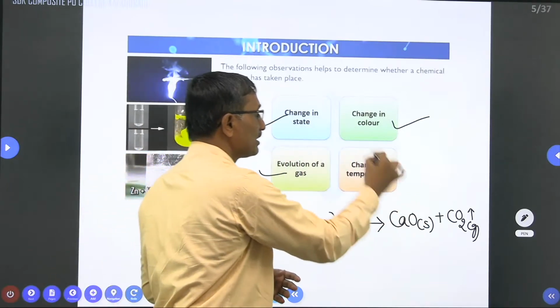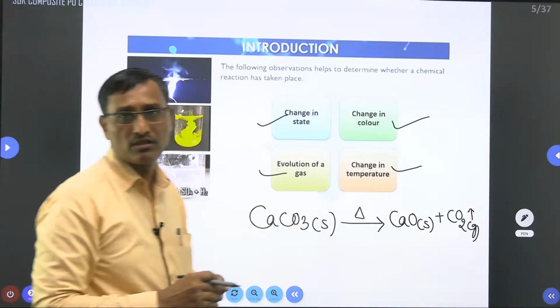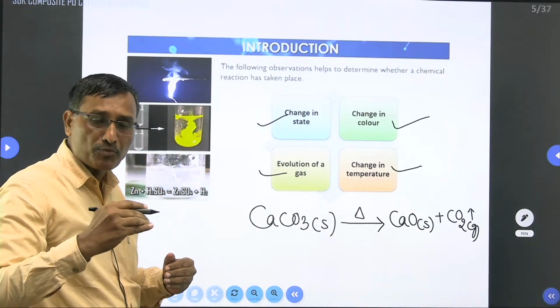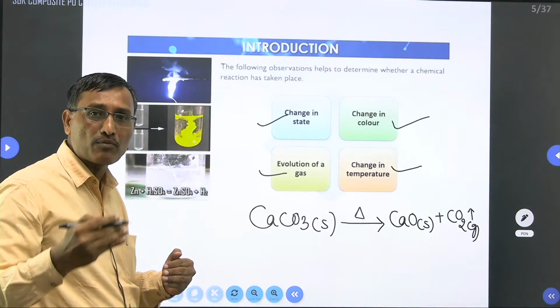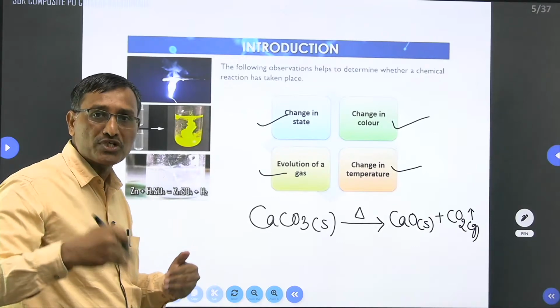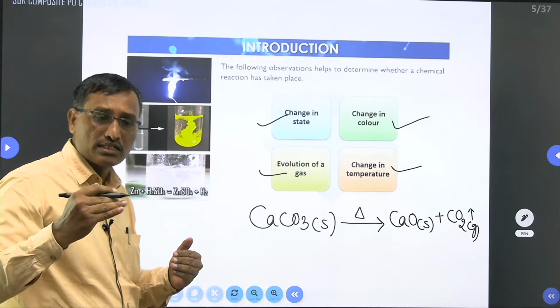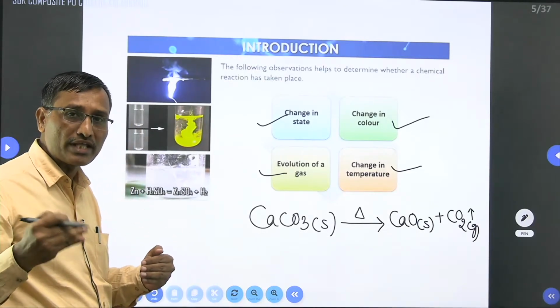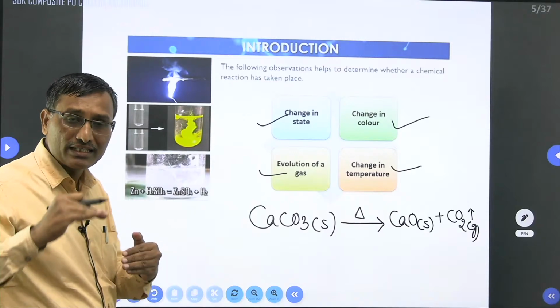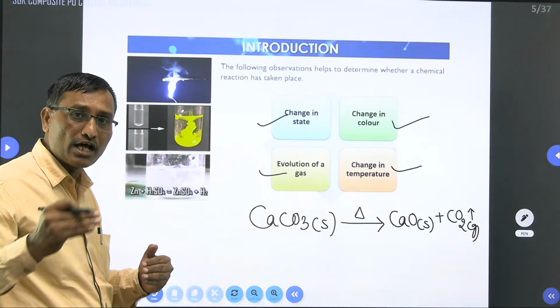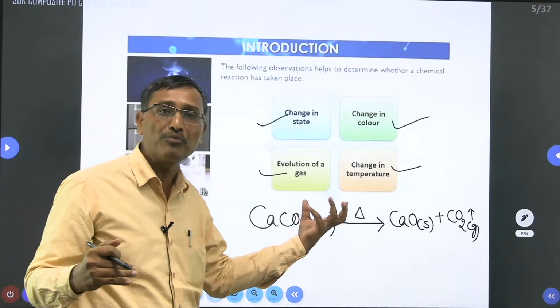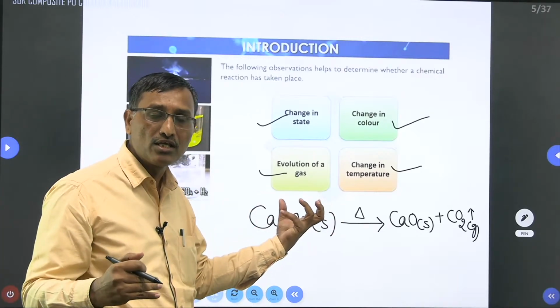One more is change in temperature. In some chemical reactions, the product formation takes place through the absorption of heat energy. In some chemical reactions it takes place through energy released. It means there is a change in temperature also, which we can see.